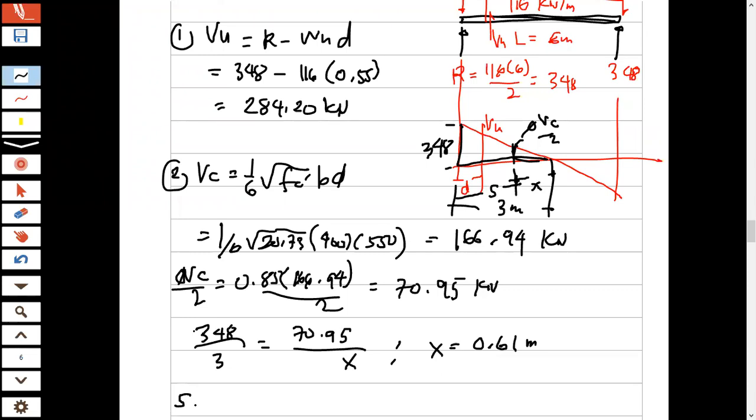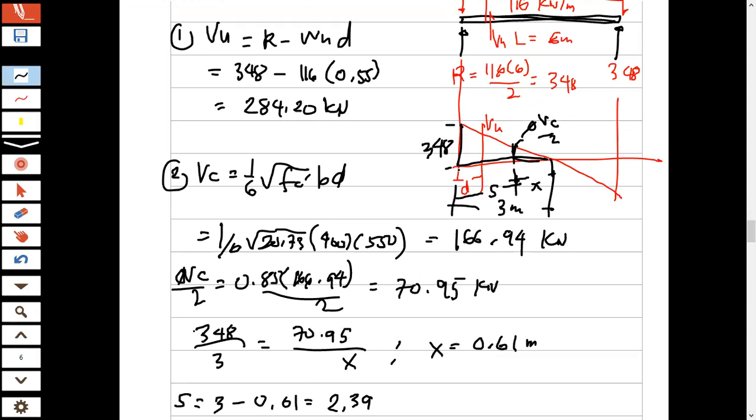So, the measurement coming from the support, na wala nang reinforcement, is equal to 3 minus 0.61. That is 2.39. In other words, at distance 2.39 from the support, yun na yung di na kailangan ng stirrups.